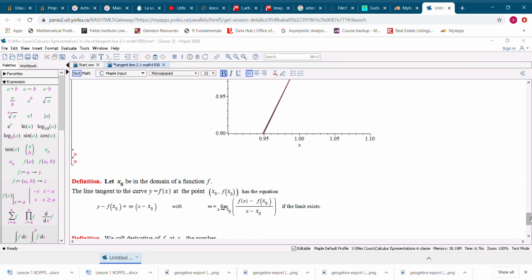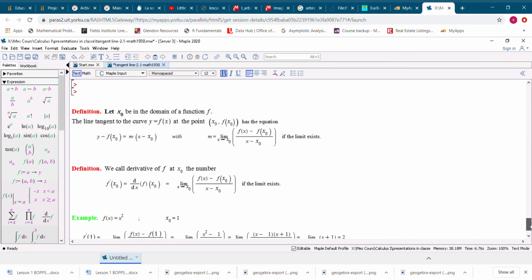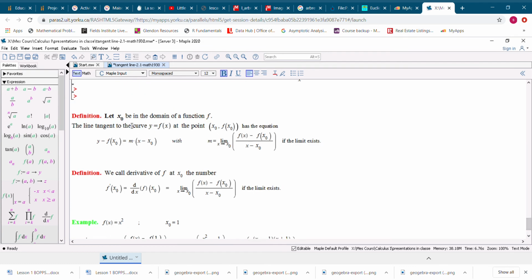So this gives the motivation to set this definition. For an x0 in the domain of f, we will call the tangent line to the graph of f at the point (x0, f(x0)) the line that has this equation: y minus f(x0) equals m times (x minus x0). It passes through (x0, f(x0)) and has slope m, with m given by this limit, when it exists.